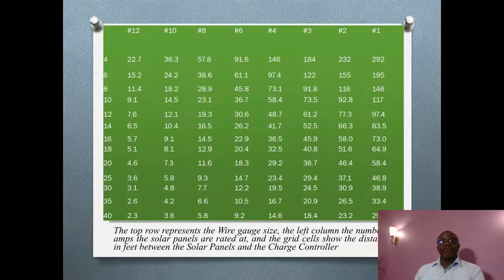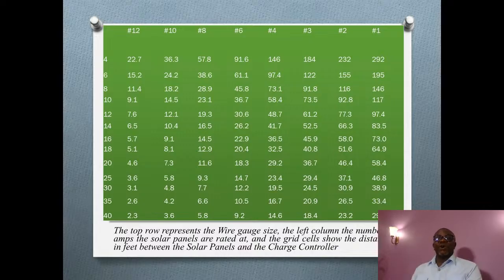Remember, our example says the panels are installed 30 feet from the charge controller. If we go through that 18 row, we don't have 30; we have 5.1, 8.1, 12.9, 20.4, 32.5. So the closest thing we have is 32.5.